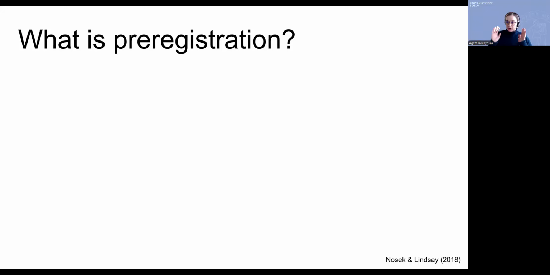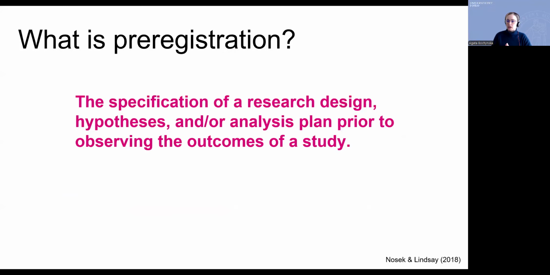So to clarify, to be on the same page, when we talk about pre-registration, we mean the specification of your design, hypothesis, and/or analysis plan before observing the outcomes of the study.